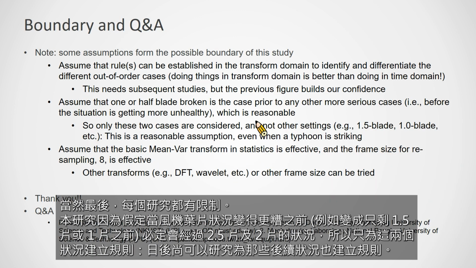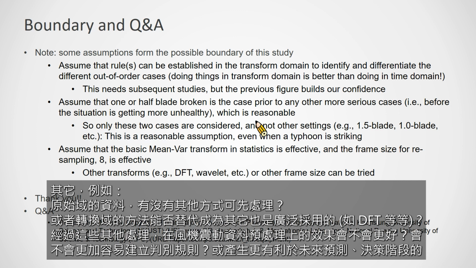And for sure, this study has some certain assumptions. The first assumption is that doing things in transform domain is better than doing things in time domain. The second assumption is that before the situation is getting worse, the observed cases, which means the 2.5 blade and 2 blade cases, will happen in front of those more unhealthy cases.